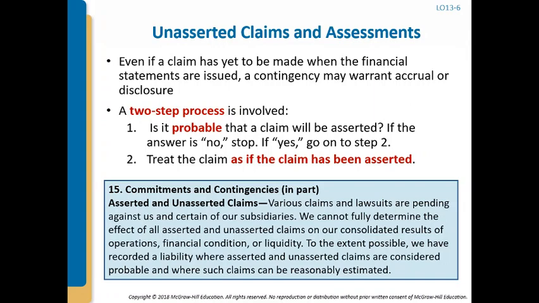If the answer is it is probable that a claim will be asserted, then you have to ask yourself, is it probable that there will be an unfavorable outcome, and is the amount of the loss at least reasonably estimable? And if the answers to those questions are yes, then you've got to report a liability.